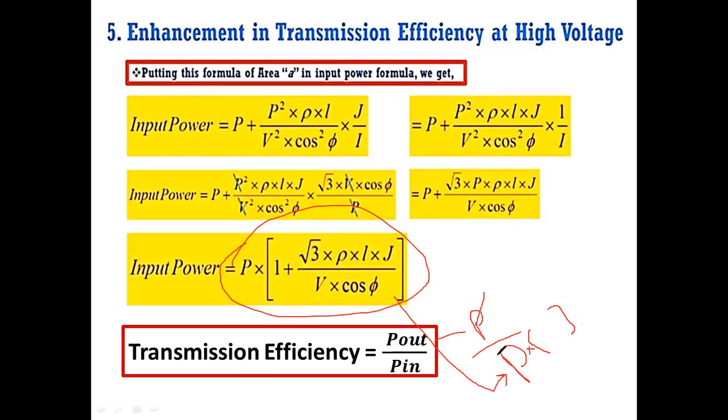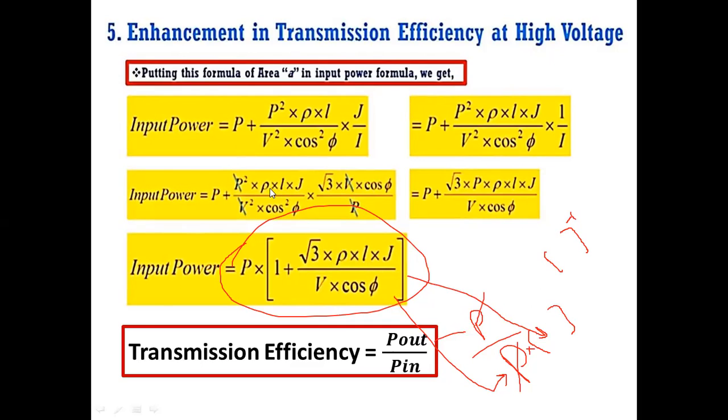So the P of the numerator will be cancelled out with P. So we will have this only. Since this is in the denominator, when these variables are shifted to the numerator, we'll have the minus power for this bracket.